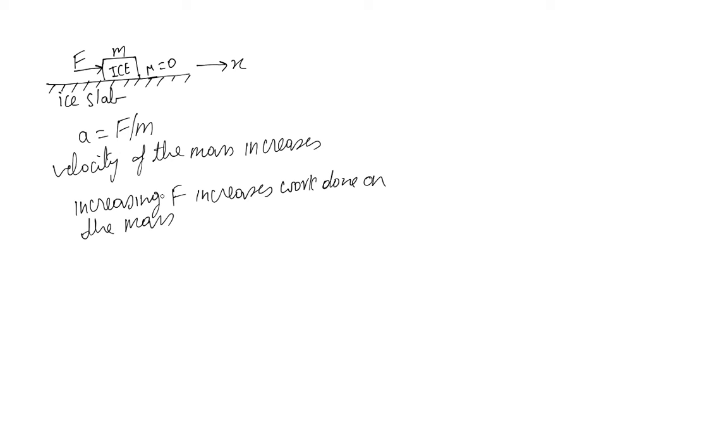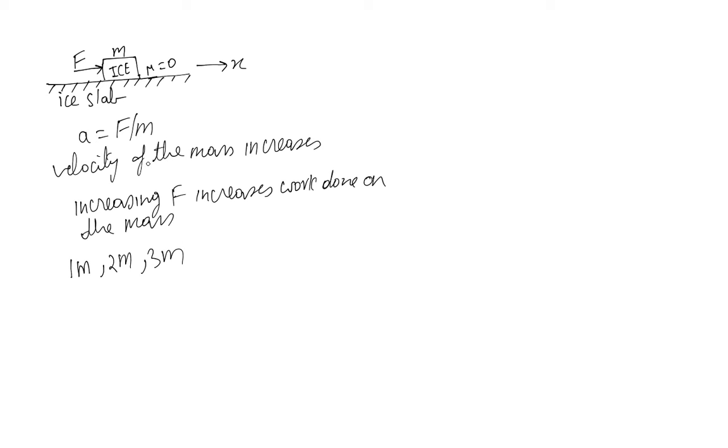So the work done depends on the force applied. Also, how long you applied the force. Did you apply the force when you moved it for 1 meter or 2 meters, 3 meters? The longer you apply force, for a longer distance, the more work you are doing on it.